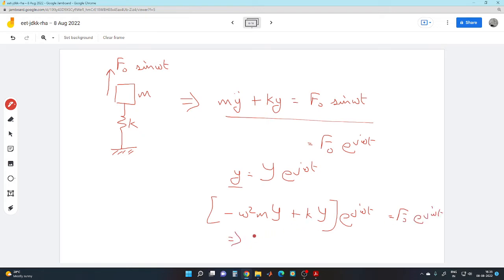So this implies that capital Y is equal to F naught upon k minus m omega square.